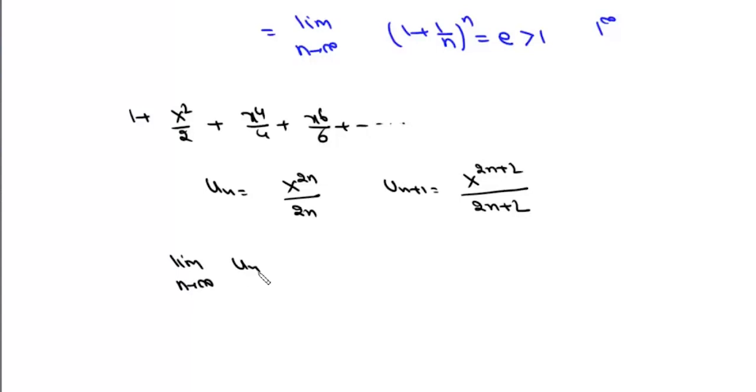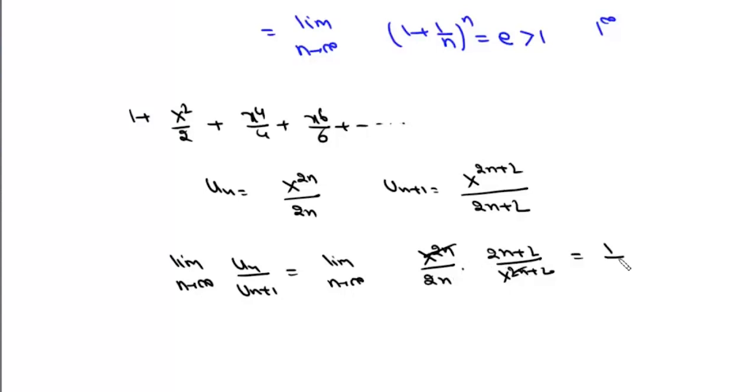Now we find this limit, n tends to infinity, un upon un plus 1, will be this limit, n tends to infinity. Now this is x to the power 2n upon 2n into 2n plus 2 and x to the power 2n plus 2. Now this x to the power 2n will cancel. Now here the coefficient of n is 2 and 2, so it will be this one. So the answer to this limit will be 1 upon x square.